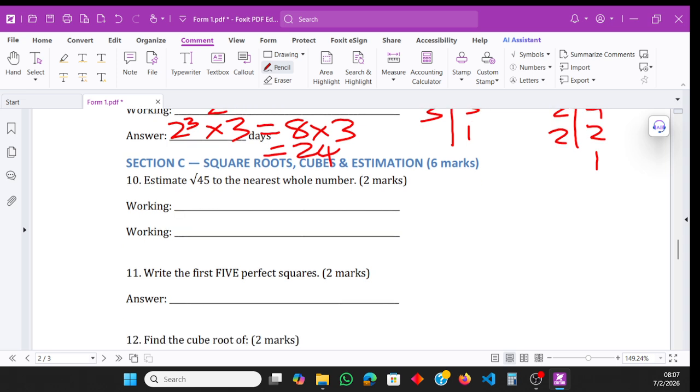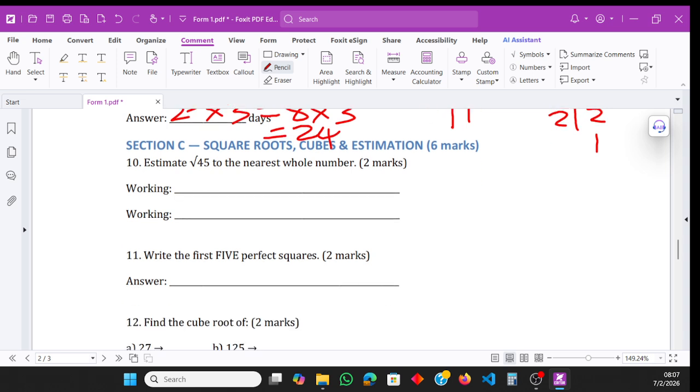Still moving, estimate the square root of 45 to the nearest whole number. Now, what I'll do is check for the perfect squares closer to 45. One thing that I know is if I take 6 squared, it gives me 36. If I take 7 squared, it gives me 49. I've got 45. So I might look at the difference between 36 and 45.